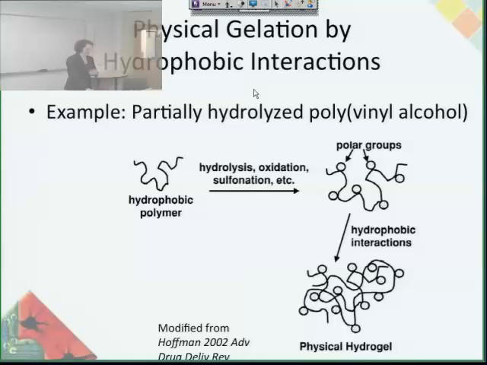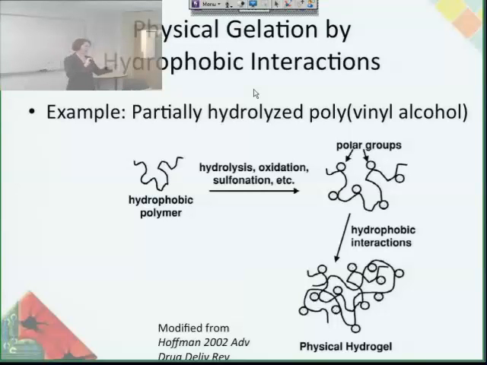So then you have a polymer that has a non-polar backbone because it's a carbon backbone, but then it has polar side groups. And so the non-polar backbone wants to be together because of hydrophobic interactions, and it puts the polar side groups towards the liquid because it's in an aqueous solvent. So we're always talking about these polymers dissolved in water.